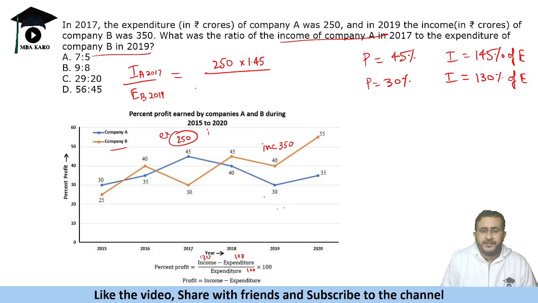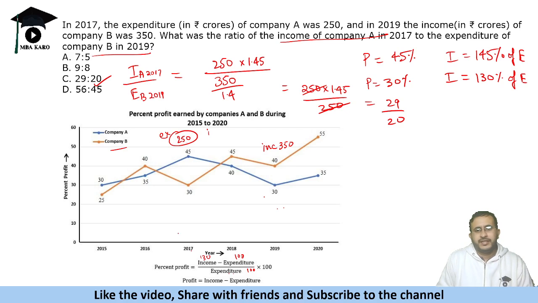And expenditure of B is 350 divided by 1.4, which will give us 250 itself. So 1.45, which is 29 ratio 20. So this reading was incorrect. The answer will be 29 by 20.